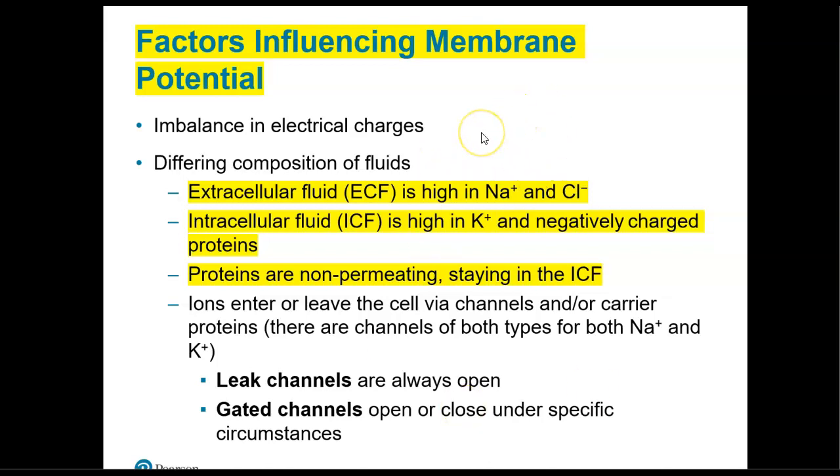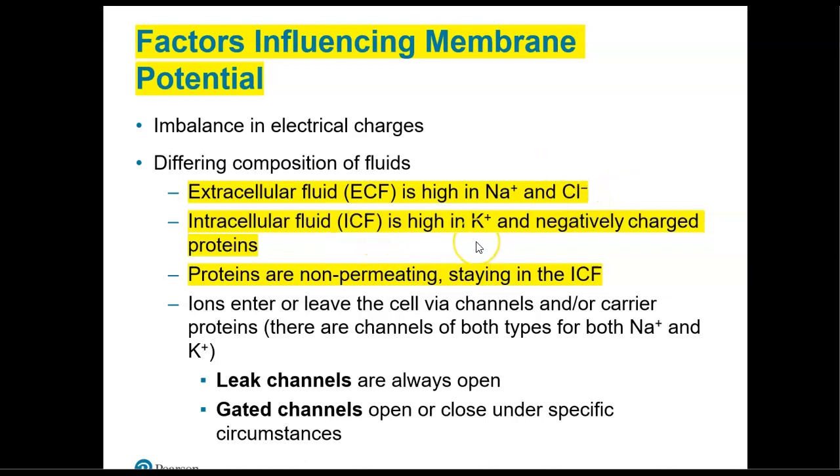Now, what causes this resting membrane potential? Some different things. I'm not going to make sure that you understand every single part of this, but some things are important. It is important to know that the extracellular fluid, so outside the cell, outside the neuron, is high in sodium and chloride ions.